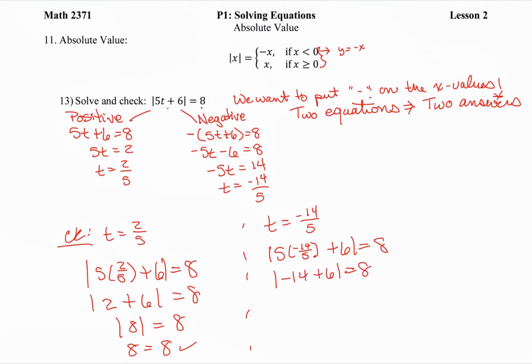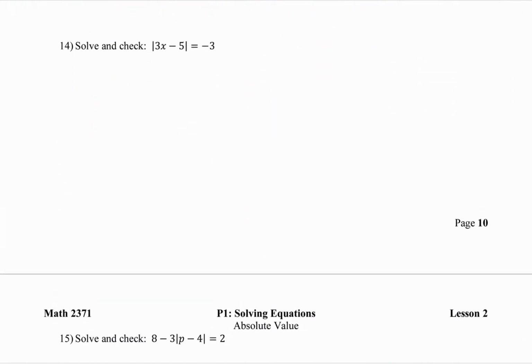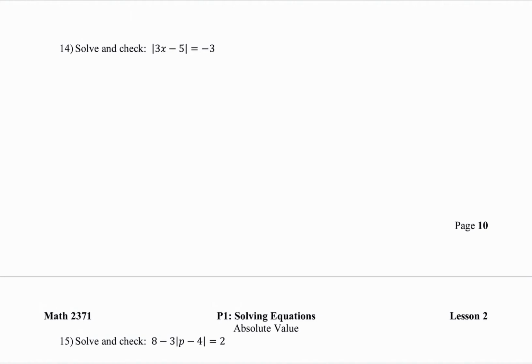So that's the absolute value of negative 8 equals 8. But negative 8 is less than 0, so this should be negative a negative 8, which is 8. So 8 equals 8. All right? So that's how you would work the absolute value. Okay? So let's go on to the next question.